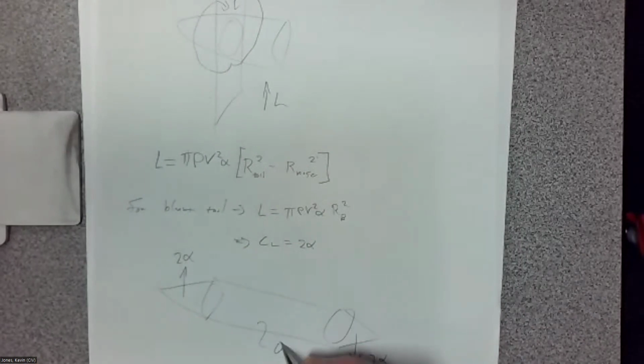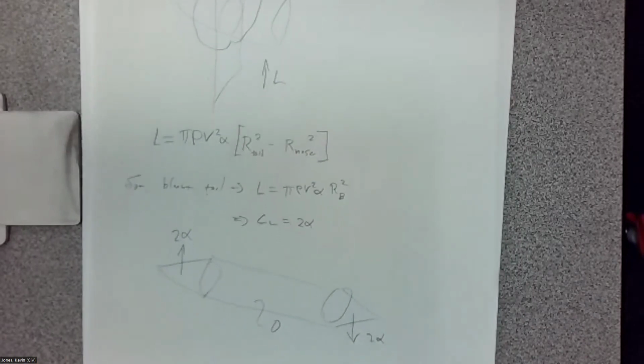And the middle bit is 0 because they cancel each other out. And so I guess the one takeaway of this stupid simple theory is that some body of revolution set up like that is statically unstable. If you perturb it, you give it an alpha, then the resulting forces on it create a moment, which is destabilizing and makes it go further. So you never make a missile this way without fins, it's going to tumble.